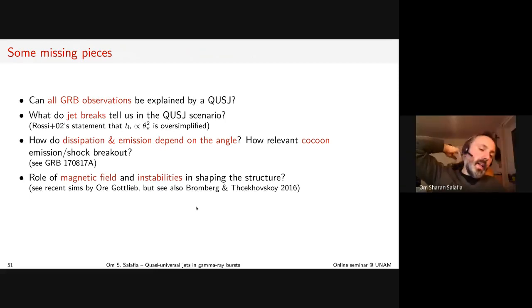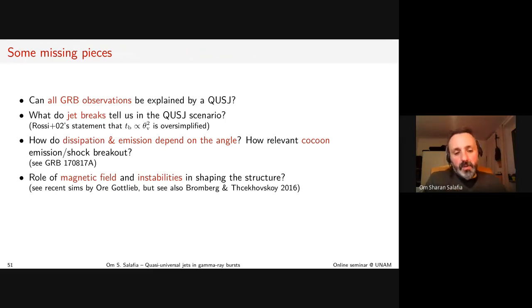So I think most people in the GRB community would bet that the launching mechanism is Blandford-Znajek, and in that case, the jet material at launch is highly magnetized. So if you don't have a way of getting rid of this magnetic field, then the jet will be magnetized all the way up to breakout.